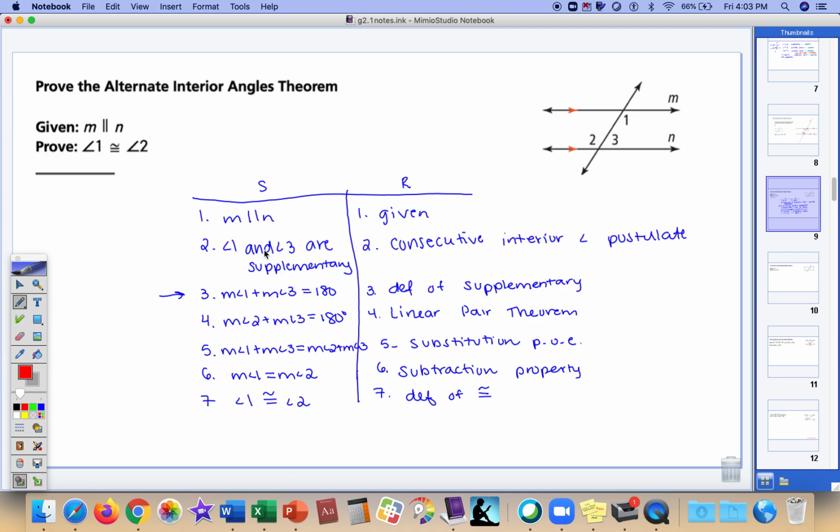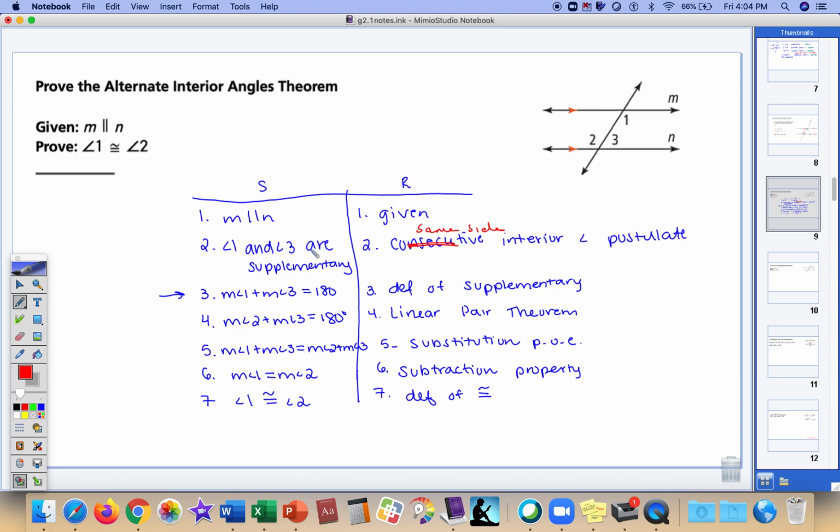So, all right, we rewrite the given, and we know that angle 1 and angle 3 are supplementary, and that is true because of the consecutive interior angle postulate. Let's just call it the same side interior angle postulate.